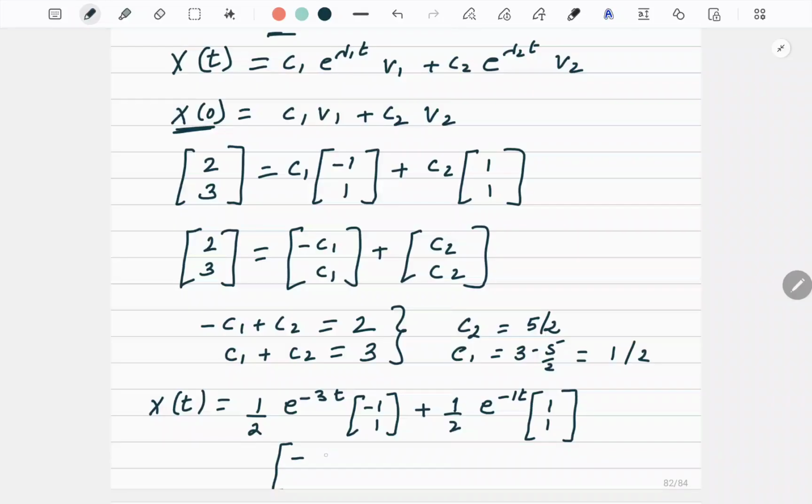I'm saying minus e to the power minus 3t upon 2 plus e to the power minus t upon 2. And here e to the power minus 3t upon 2 plus e to the power minus t upon 2. Like this also we can write down, or this is also perfectly okay.